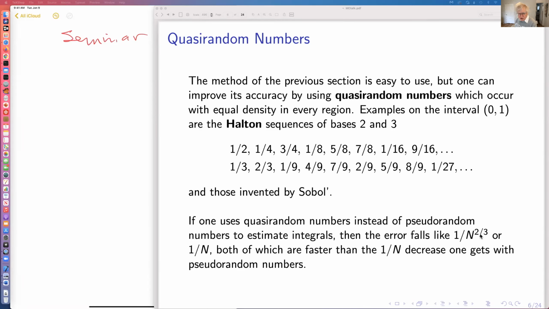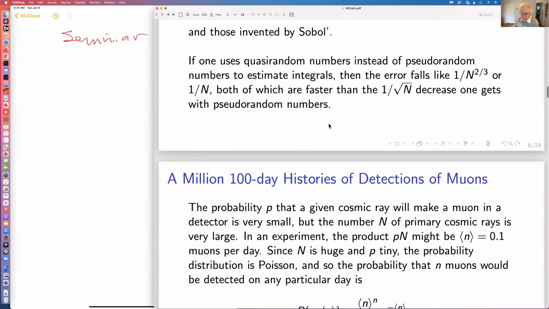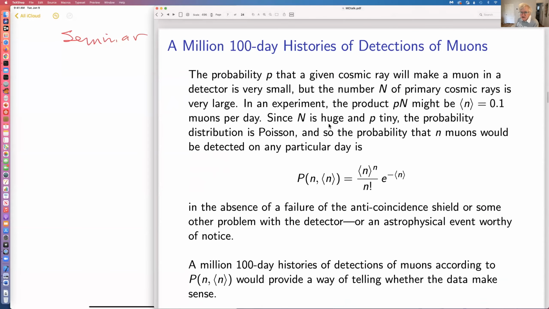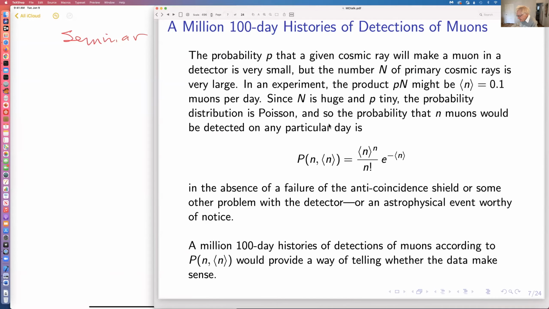So numerical integration is one example, a very simple example, of the use of Monte Carlo methods. A more sophisticated use is simulation of what one expects in an experiment, a physics experiment, or for that matter, a more general experiment.